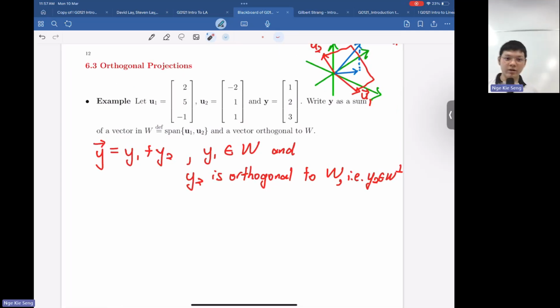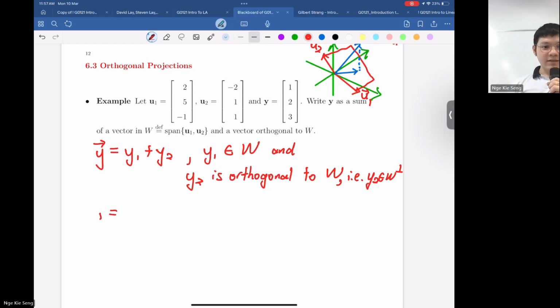Right. So anyone get the solution or not? So what is y1 here? What is y1? Anyone? What do you get? I want to try a solution. Y1, y2 here.